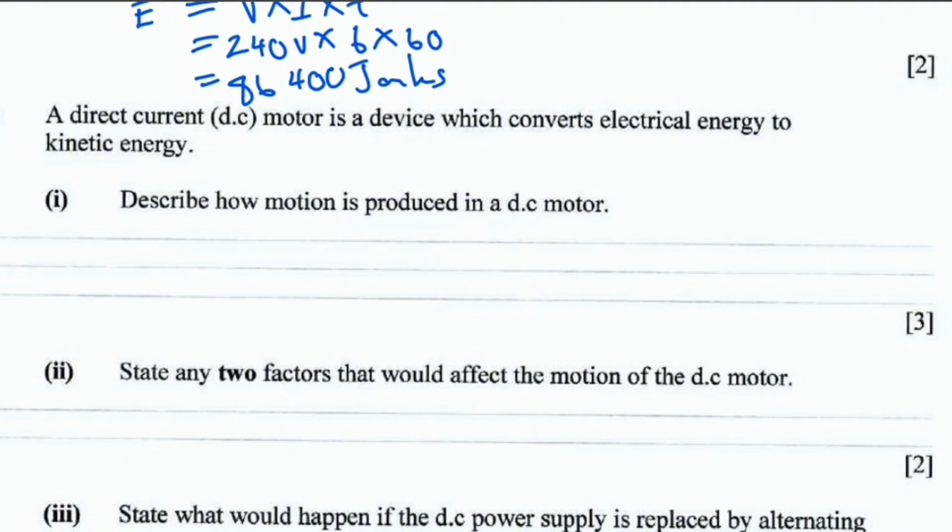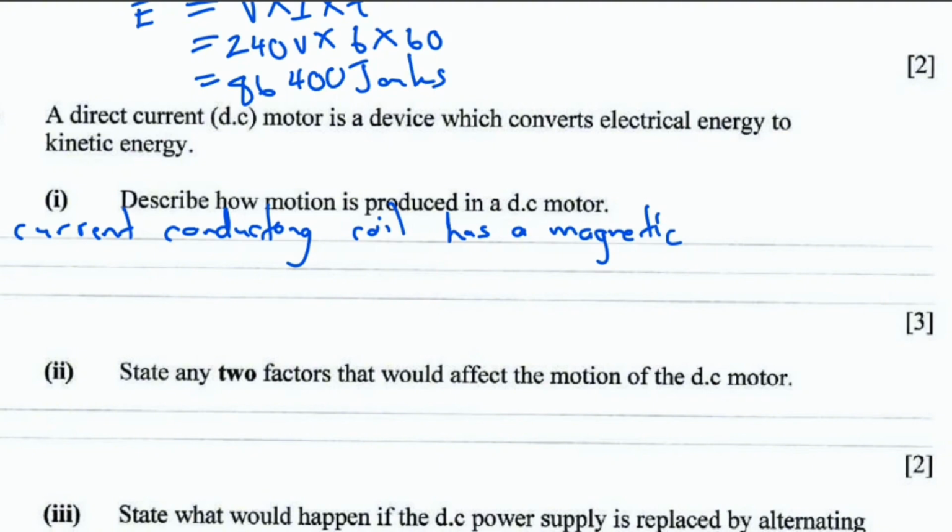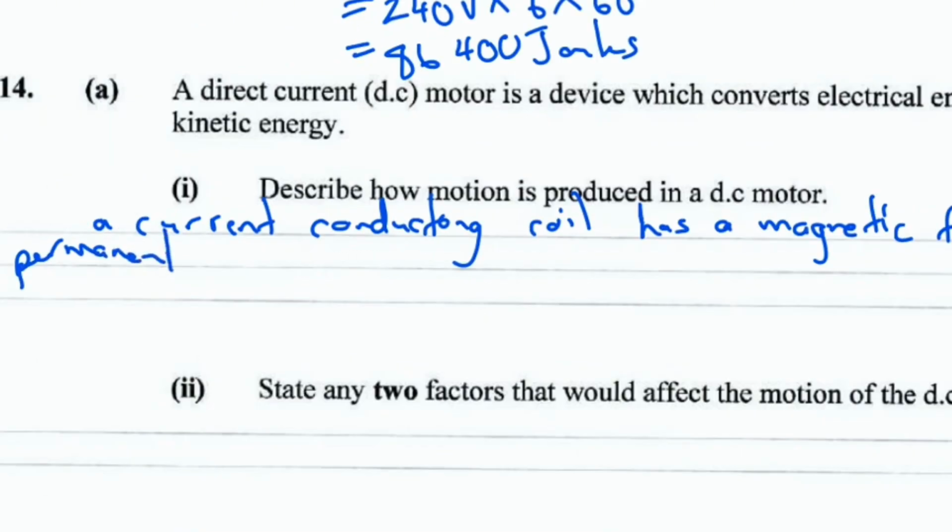So firstly, we're going to note that in a DC motor, a current conducting coil has a magnetic field around it. So if we pass current through a current conducting coil, there's going to be a magnetic field generated. The DC motor also has some permanent magnets. The permanent magnets of the DC motor also have a magnetic field.